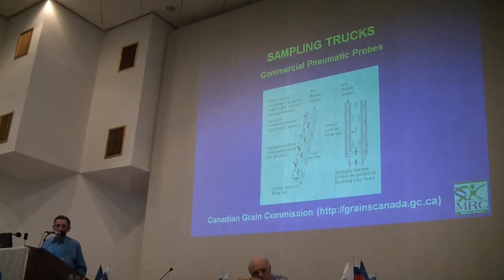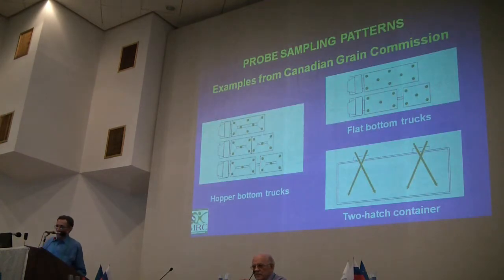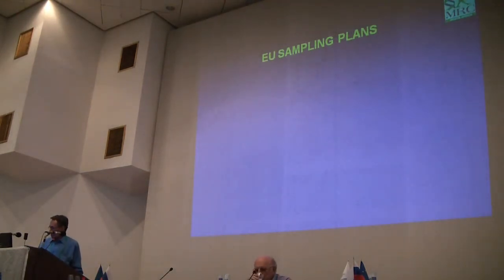And if you want to know more about them, I would recommend you go to this website that's shown there, which is from the Canadian Grain Commission, where you'll find a lot of information about various types of probes, their positive and their negative aspects. And if you're faced with trucks and trailers and different types of trucks, they have plans as to how you would put the probes into those trucks to obtain the best sample possible.